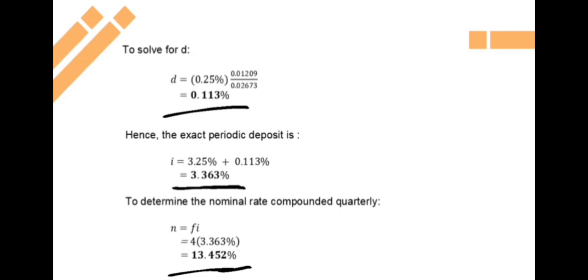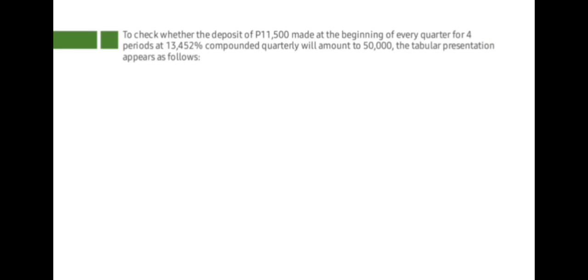So, ito yung periodic or nominal rate na kailangan ni Hazel para makuha niya yung 50,000 pesos. Pwede natin i-check kung makukuha ba ni Hazel yung 50,000 kapag nag-deposit siya ng 11,500 pesos in every beginning of the quarter for 4 periods at 13.452% rate.